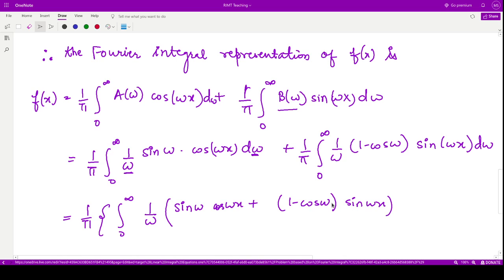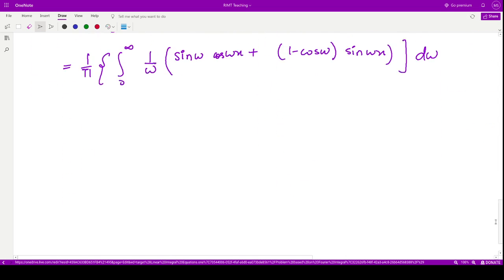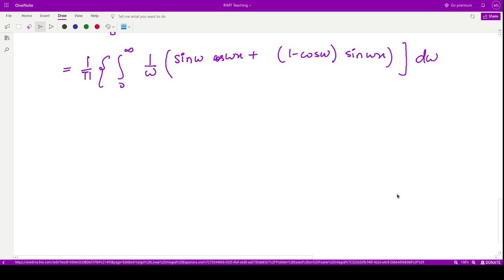No problem writing this. We have just clubbed the two terms. So once you wrote this, you can now rearrange the terms so that you obtain f of x equal to 1 by pi integration 0 to infinity 1 by omega as such.